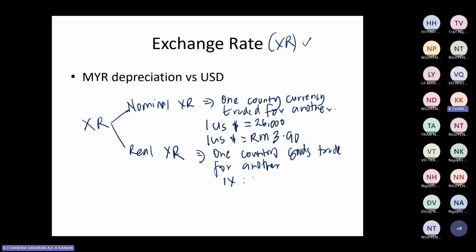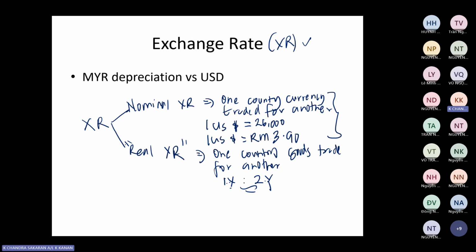One X for how many Y? If this country produces X and another country produces Y, it could be 1X for 2Y. I give you 1X, you give me 2Y. You understand? I give you 2X, you give me 4Y. That is in real terms. This one is difficult to find unless you convert, but this data is available, so you can use it.